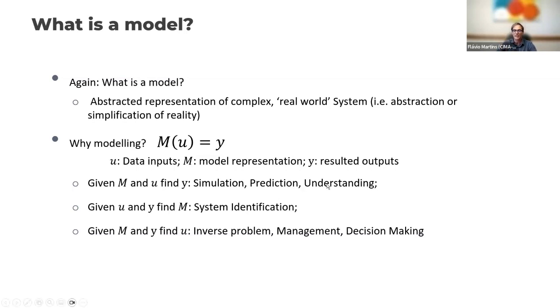Okay, and I also have here understanding, because we can do with these models things that don't exist. You see, we can play with them and try to understand the system. For example, imagine you have a model of a certain place, and you want to evaluate the importance of the Coriolis force in this system.